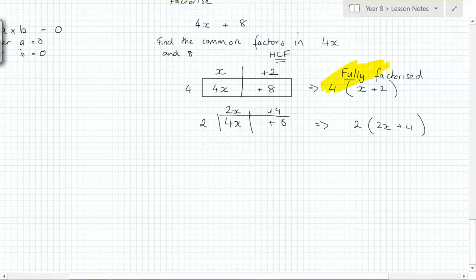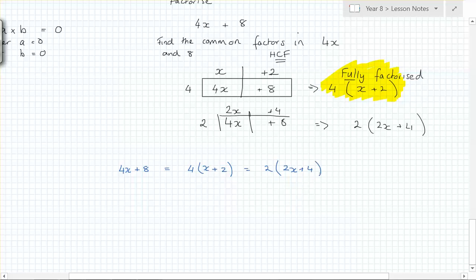They're both the same. Now, I just want to let you know as well that they're not different. So I can say that 4x plus 8, do you remember we talked about how you can use the equal sign, equals 4 times (x plus 2), equals 2 times (2x plus 4).